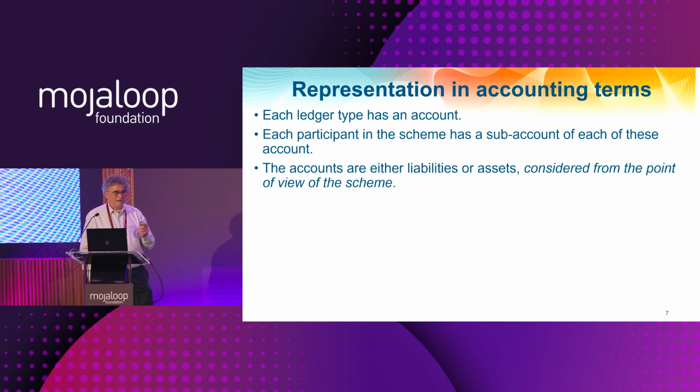Now, the accounts are either liabilities or assets, as we've said, but we consider this from the point of view of the scheme, because, for instance, if you think about the funds that are deposited by a DFSP, then from the point of view of the DFSP, they are their funds, they're an asset. From the point of view of the scheme, they're a liability because eventually the scheme will have to pay those back. So we're always looking at this from the point of view of the scheme.